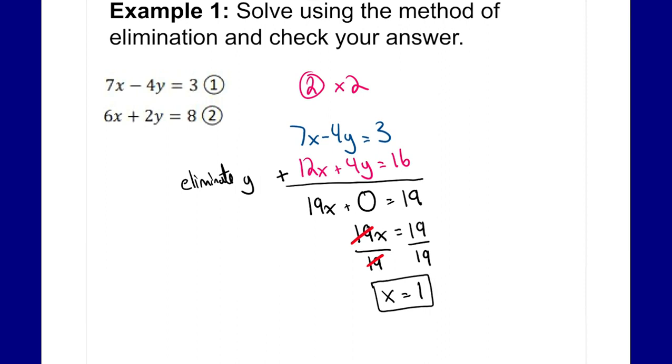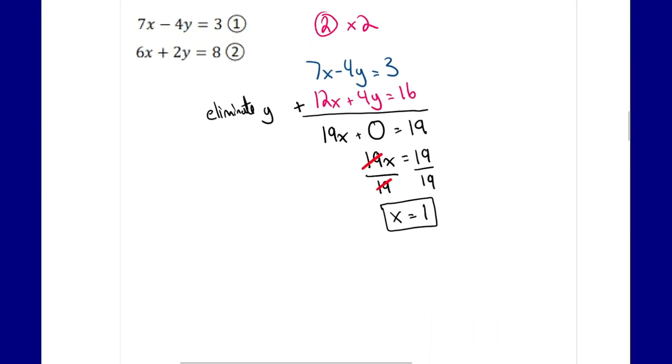So very similar to substitution, I have removed a variable, I have one variable left, and I've solved for that variable. Next we're going to take that variable and plug it back into one of the equations and solve for our other missing variable.